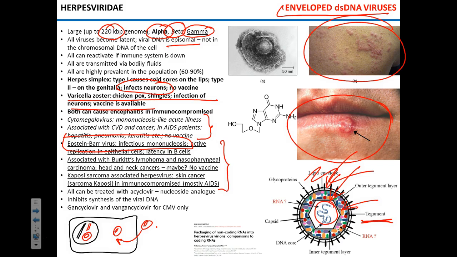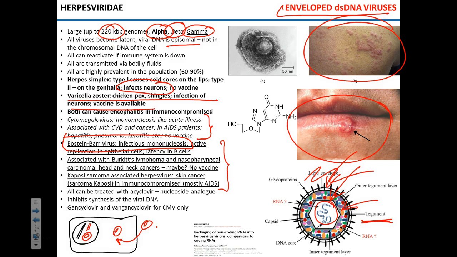The virus replicates in epithelial cells and then infects B cells. It becomes latent in B cells. Okay. And in healthy, well-fed, not malnourished people, Epstein-Barr remains Epstein-Barr for a long time, not causing anything.